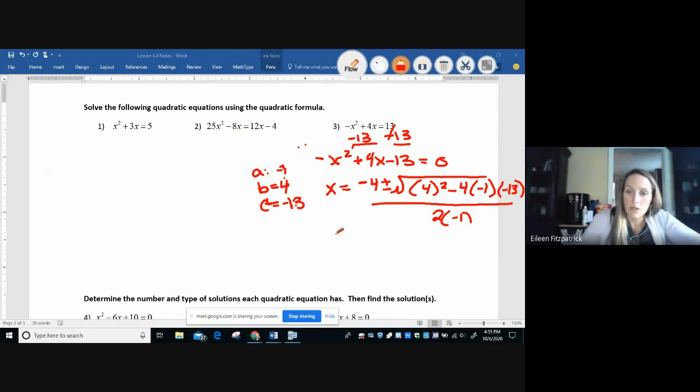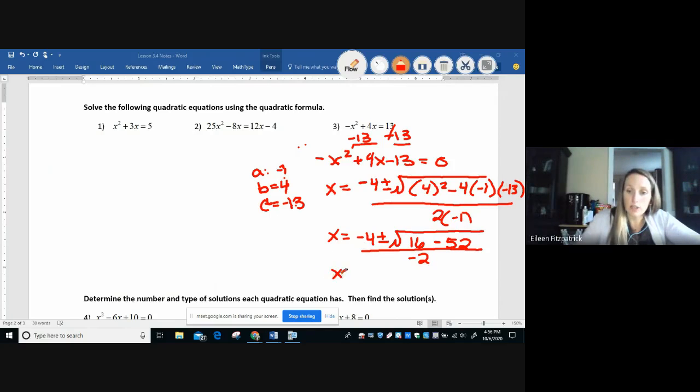Okay, so cleaning that up, of negative 4 plus or minus the square root of 4 squared is going to give you 16. And then a negative 4 times a negative 1 is a positive 4. A positive 4 times a negative 13 is a negative 52. All over 2 times negative 1 is a negative 2.